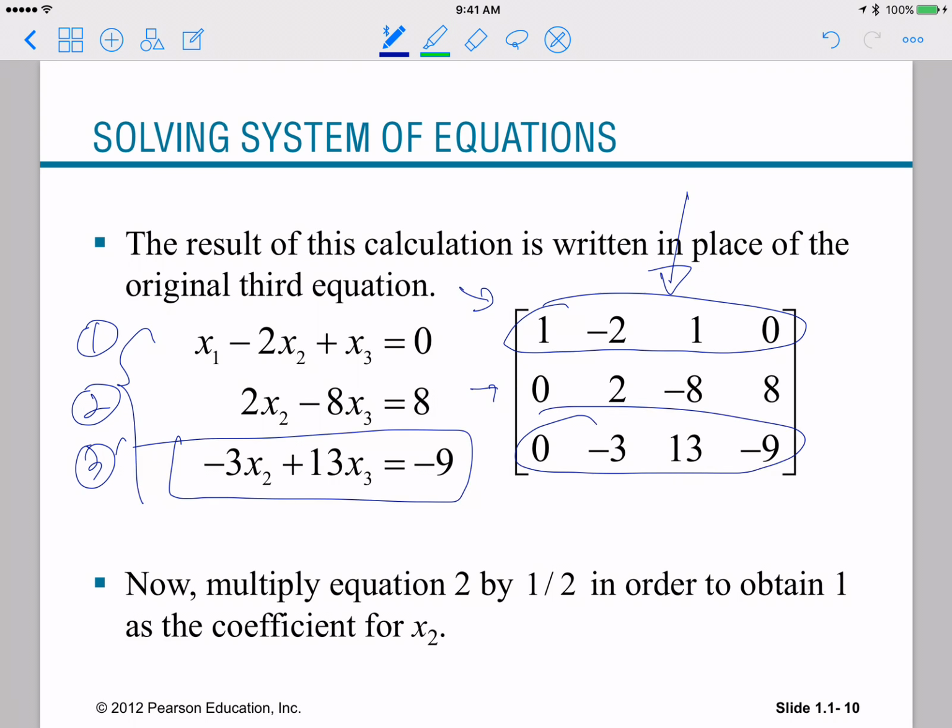So we just multiply the first horizontal vector by 4 and then add it to the third row, or third horizontal vector, right? Because that was our third equation.